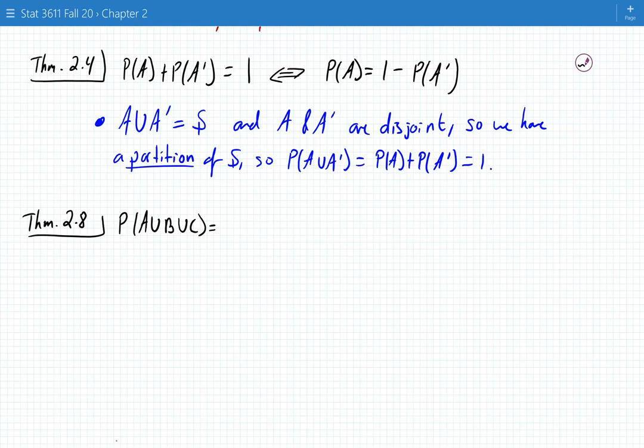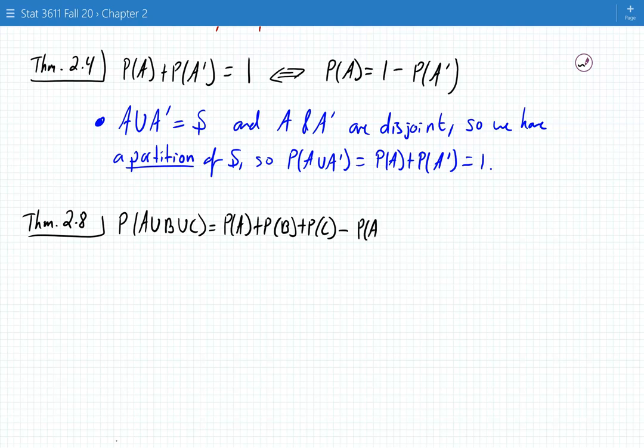All right? And so what do we have here? We have the probability of A plus the probability of B plus the probability of C. If you know that these are mutually exclusive, then you're done. But if you don't, or you know that they are not mutually exclusive, then you have to subtract the intersections that you are double counting.